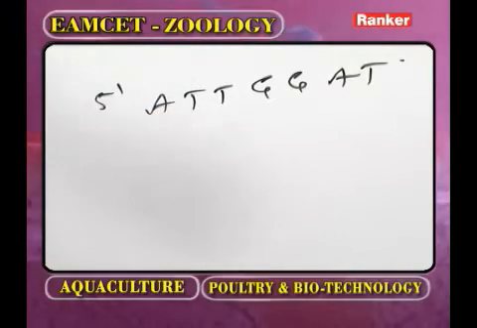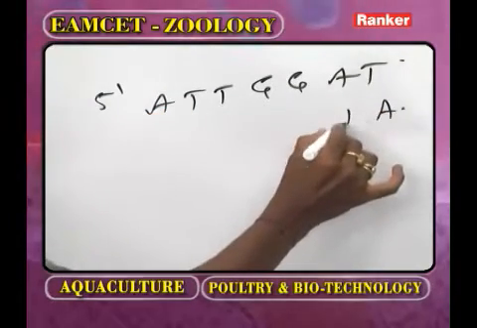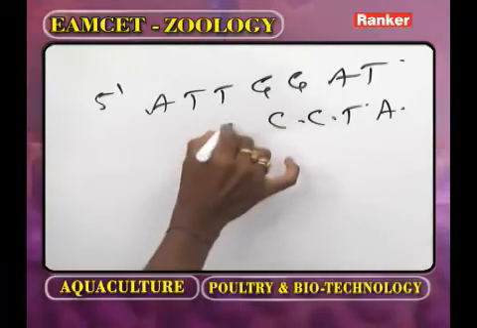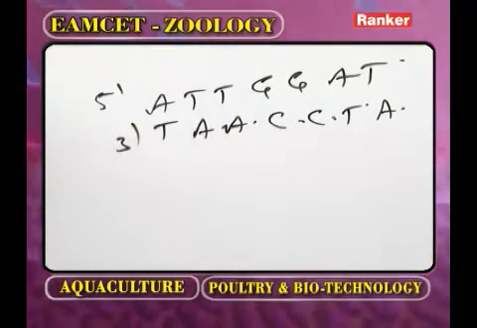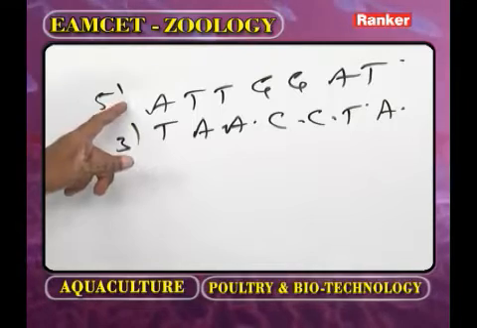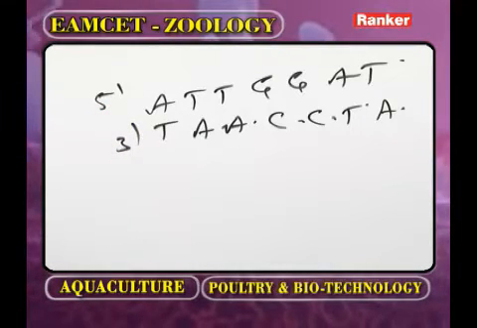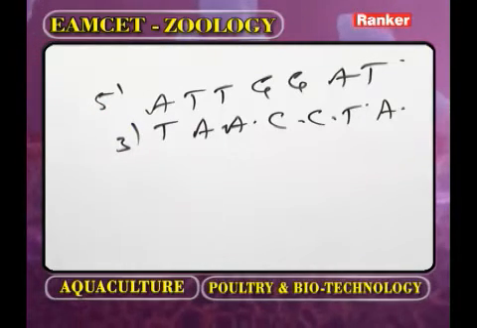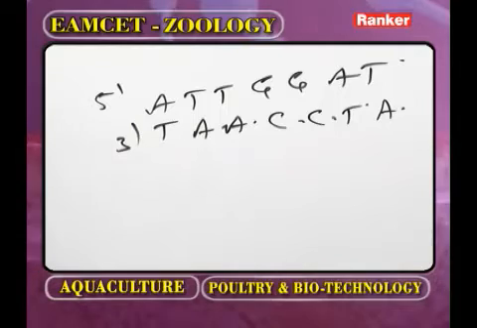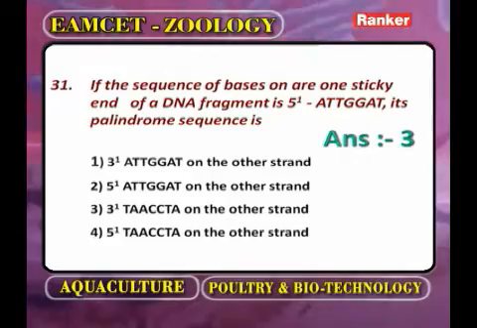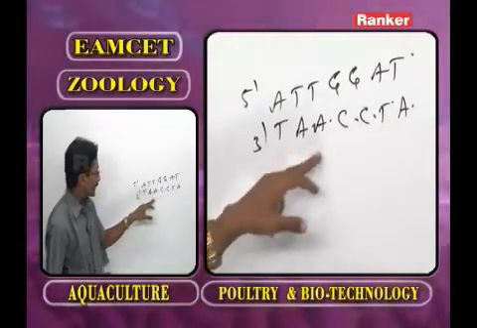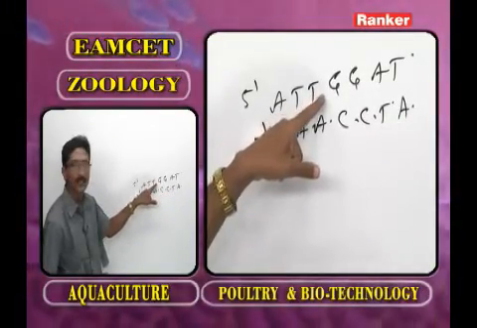Now what is the complementary? A, T, C, C, A, T, 3 dash, because for this it is the complementary. And now what is the answer for this question? The third one, 3 dash T, A, C, C, T, A. That means it is complementary to this one.